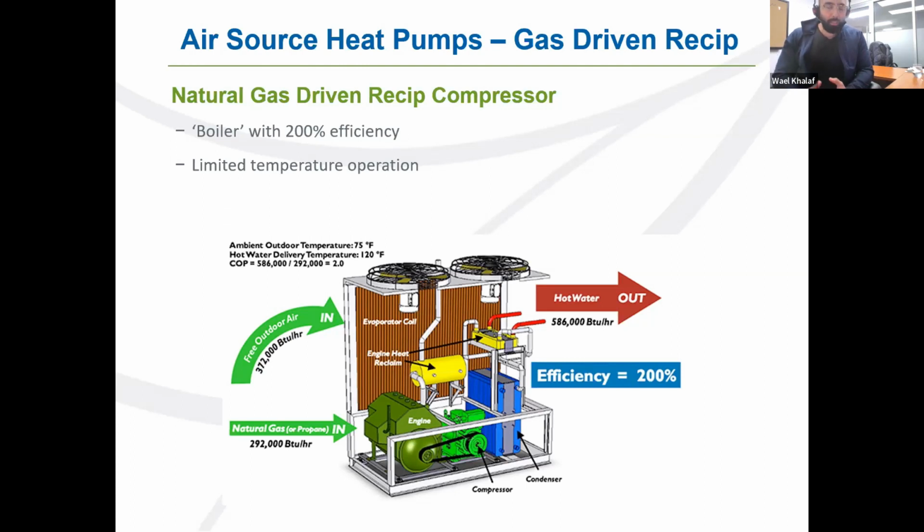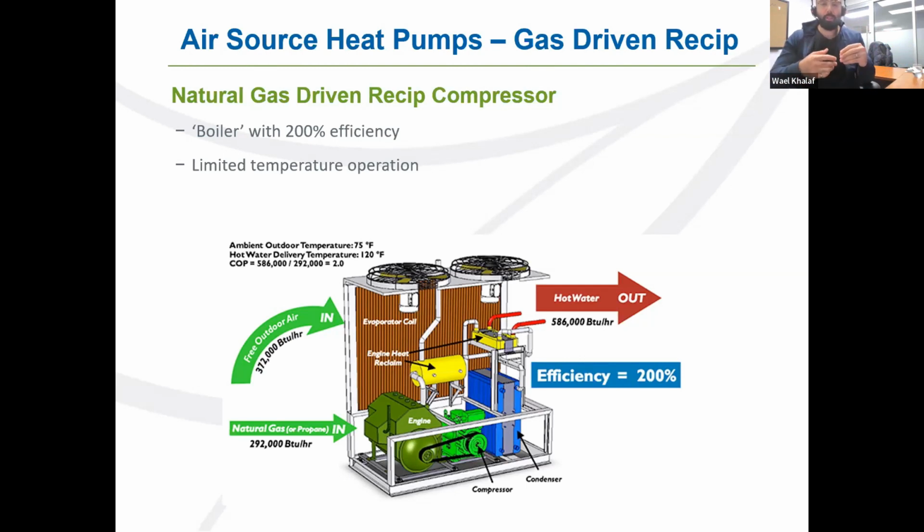If you look at this picture, you might be able to read all the small writing, but it's essentially a gas engine. From that gas engine, a flywheel drives a reciprocating compressor. That reciprocating compressor is part of a refrigeration cycle, which drives a condenser coil and an evaporator coil.